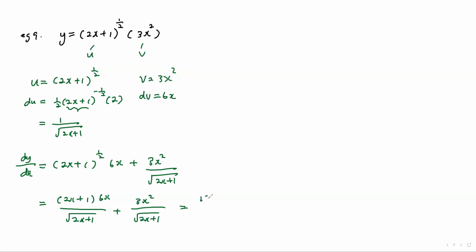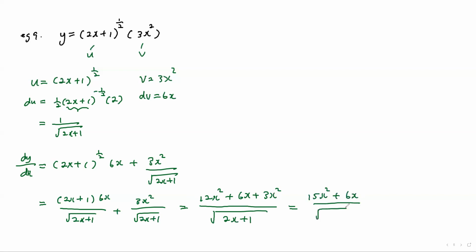So this is 12x squared plus 6x plus 3x squared over the square root of 2x plus 1. Okay, so that will give us 15x squared plus 6x divided by the square root of 2x plus 1. Okay, and that completes the differentiation.